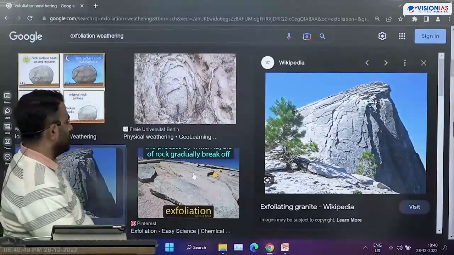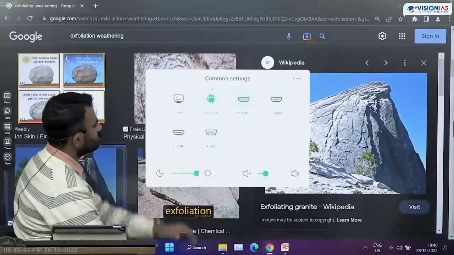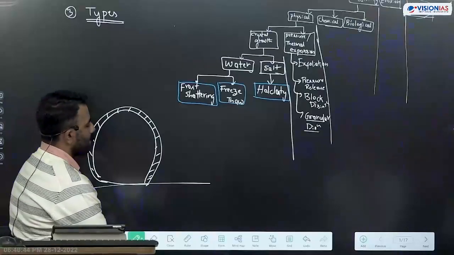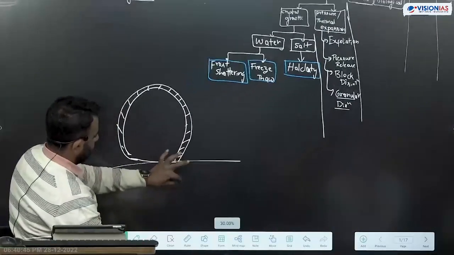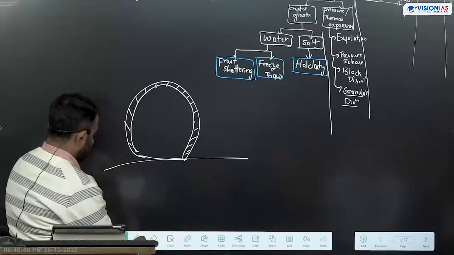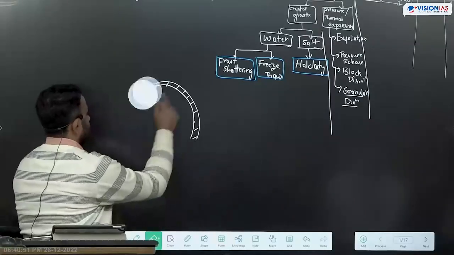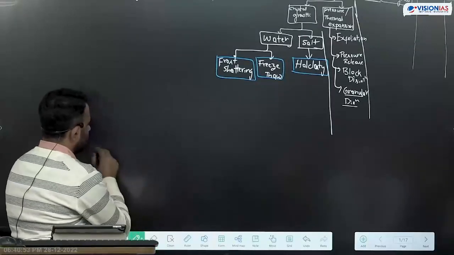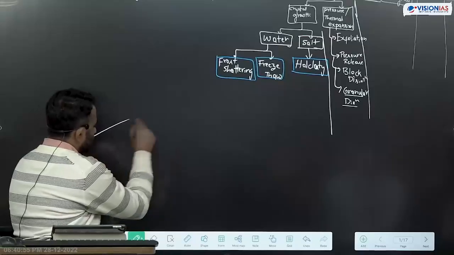प्रेशर रिलीज क्या होता है? It is also physical weathering only, but here it is due to the change of pressure.